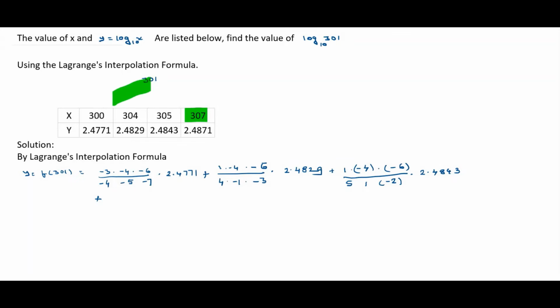Then 301 minus 300 is equal to 1, 301 minus 304 is equal to minus 3, and 301 minus 305 is equal to minus 4, divided by 307 minus 300, we get 7, 307 minus 304, we get 3, and 307 minus 305, we get 2. And the last value of y is 2.4871.